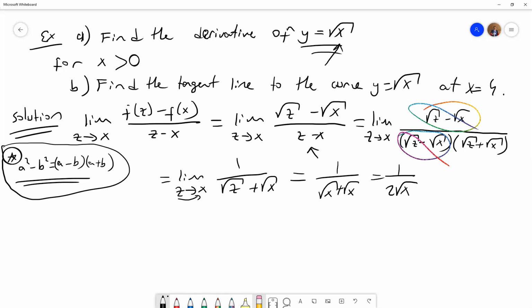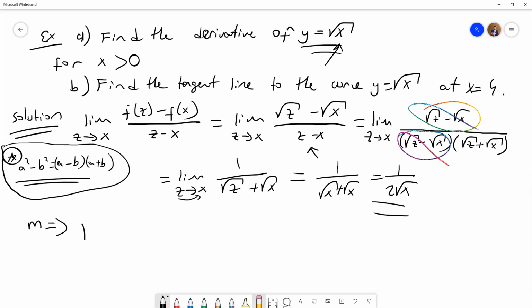But the second question, the B part, says find the tangent line to the curve y is equal to square root x, at x is equal to 4. For finding a line, we have to find, first of all, the slope of the line. So slope is equal to putting x is equal to 4 into the differentiation function.